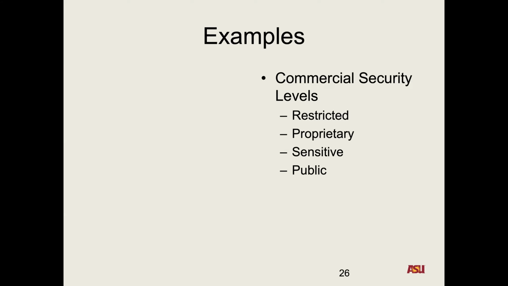Maybe for the company itself, social security numbers are actually sensitive. They may not be restricted because more people in the company need to know or use that information. But the company's financial reports would be restricted until they're public and released, at which point they would drop to public.